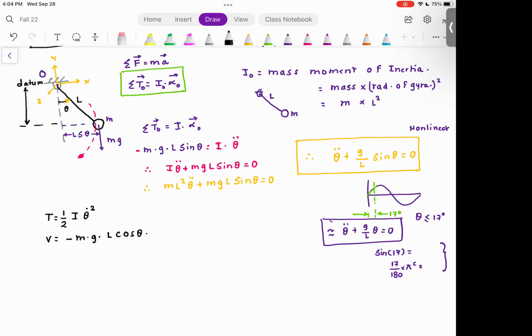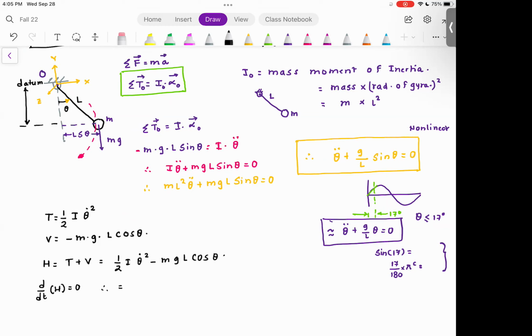Now I'm going to first solve this using the Hamiltonian technique. H, which is T plus V, is 1/2 I theta dot square minus mgL cosine of theta. And now I'm going to take the derivative d by dt and set it equal to 0.